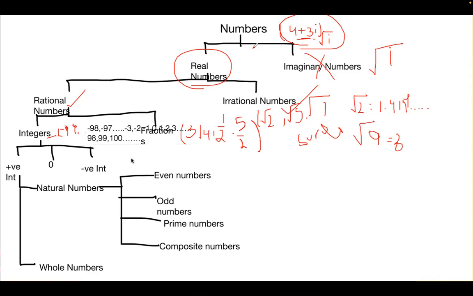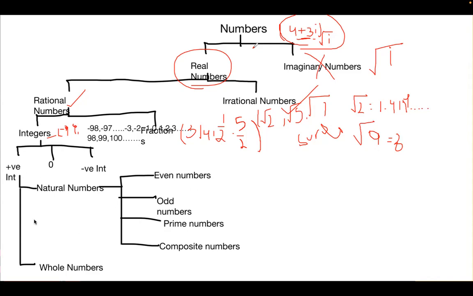So this was all the integers. These are further divided into positive integers, negative integers and 0. As I have said, minus 98, minus 790, from minus infinity to minus 1 are known as negative integers, and 0 itself is included in integers. And from 1 to infinity will be positive integers.